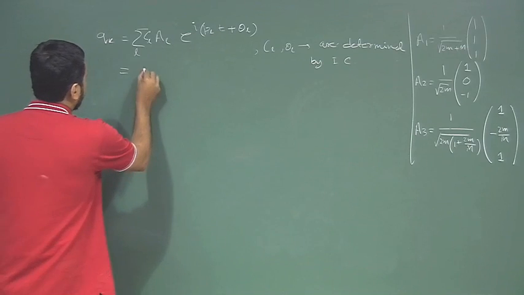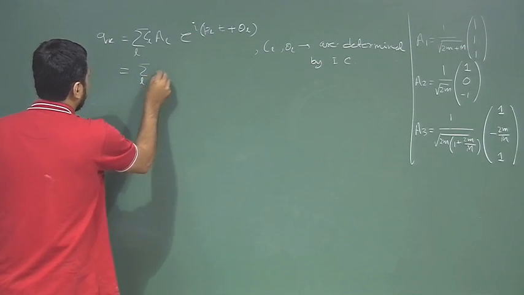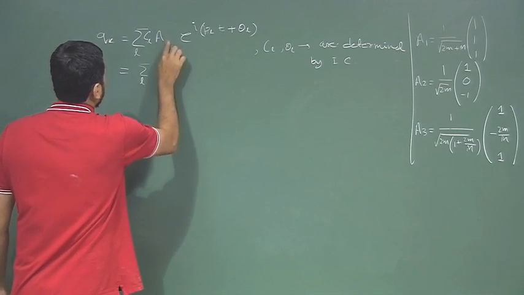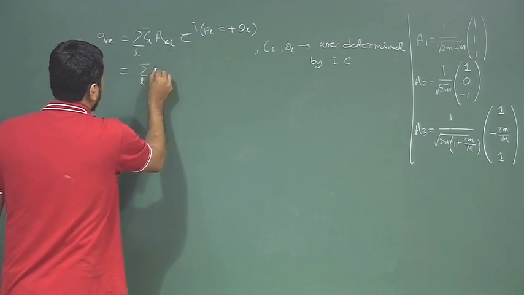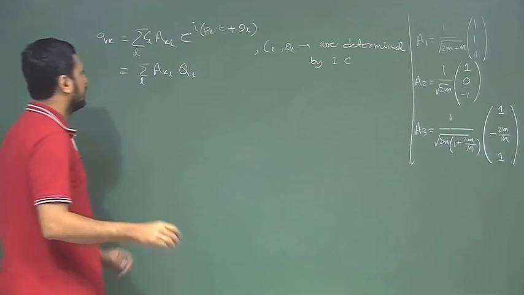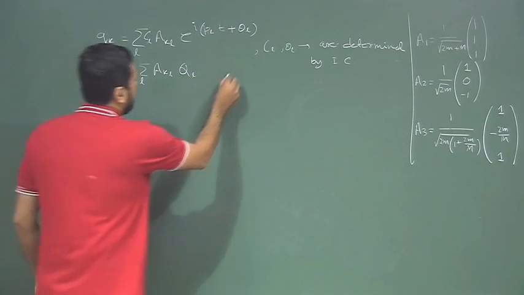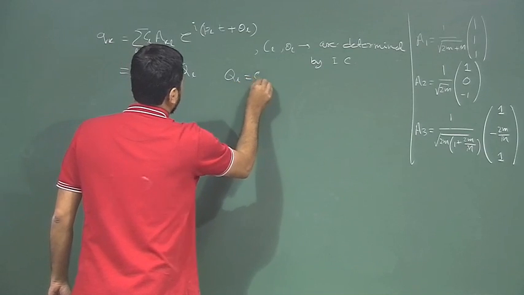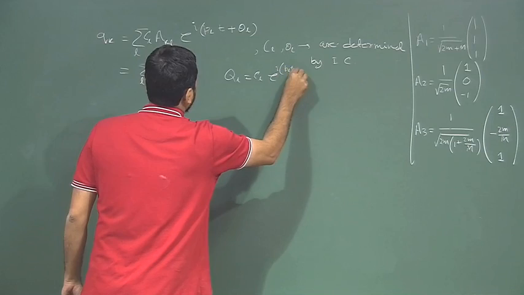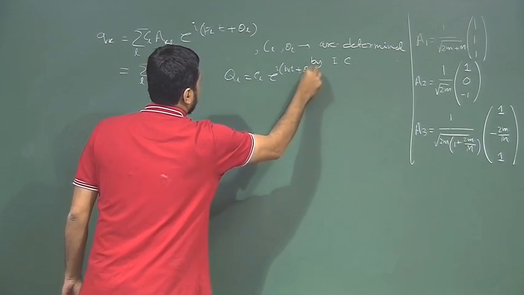So we can write this as the sum over L of A_KL Q_L. We can define Q_L equal to C_L e to the power i(P_L t plus theta_L).